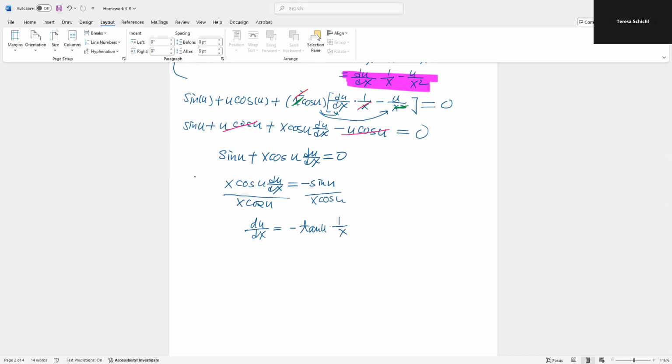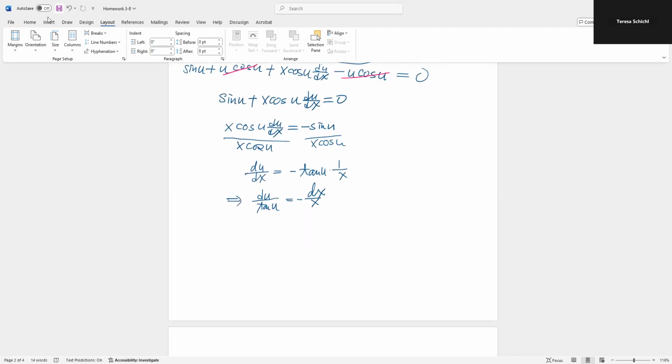Now I can use the separation of variables here. So this will be du over tangent u, and this will be negative 1 over x dx.